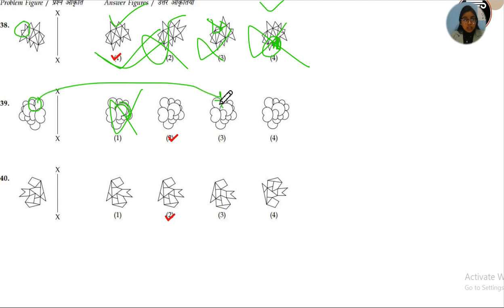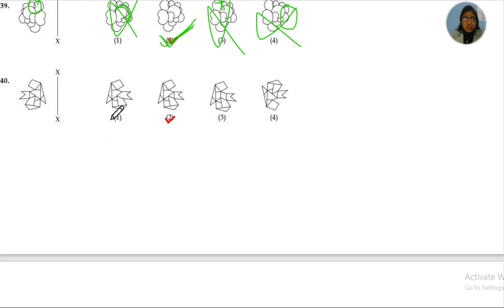It should be like this and like this. That's why this is also wrong. In option number D, there is a difference in this part. See, this one is a little bit bigger in size than the question figure, so that's why this is wrong, and option number B is your correct answer.